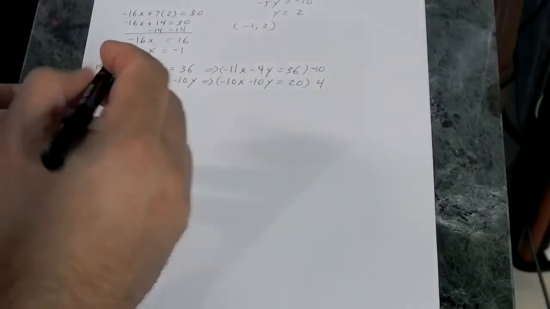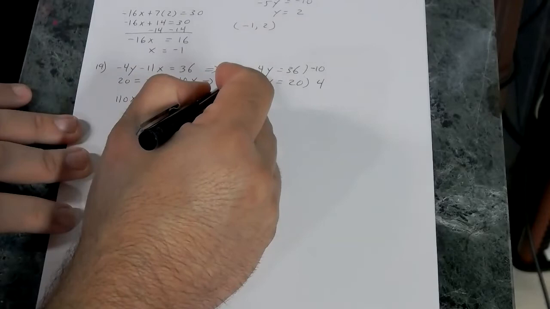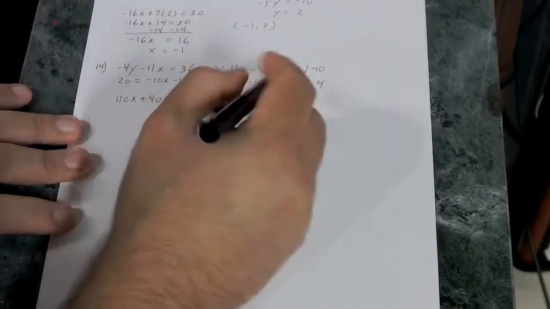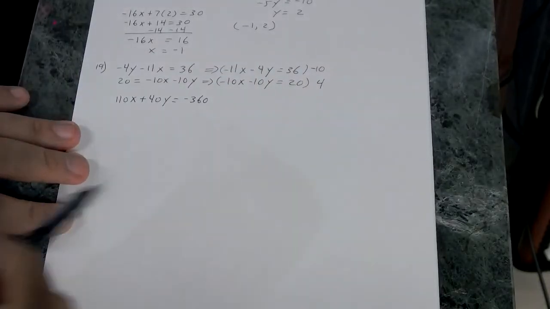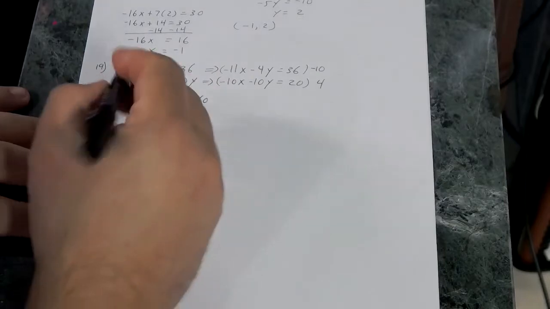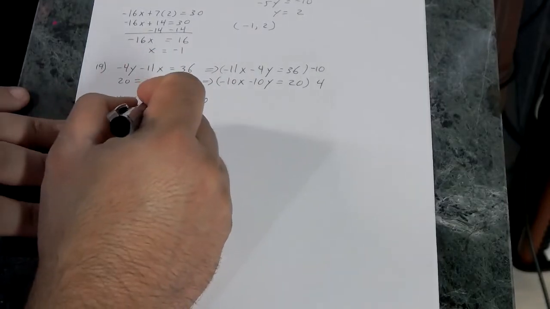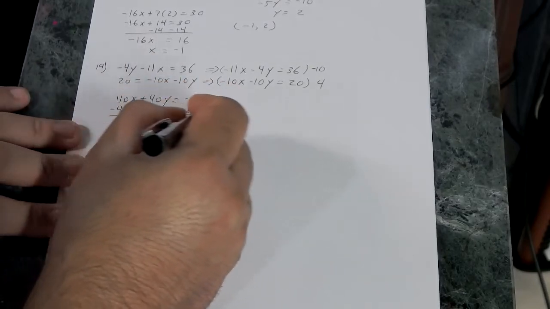11 times 10 is 110x. Negative 4y times negative 10 is 40y. 36 times negative 10 is negative 360. Do the same thing with the 4. I get negative 40x minus 40y equaling 80. And now I'm going to add.